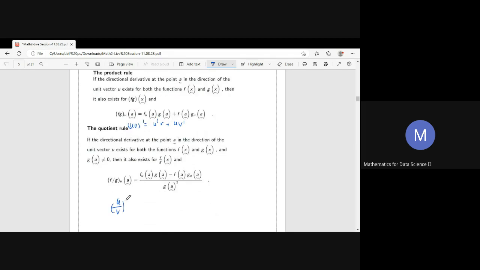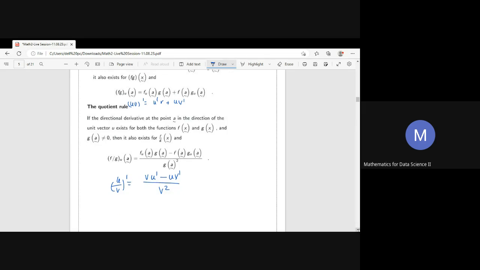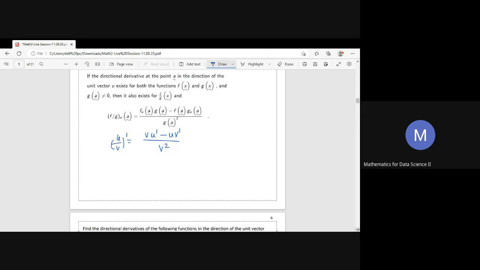What is (u by v) dash? You write (v u dash minus u v dash) by v squared. The same is followed for the quotient rule. The similar rules are followed here as well, so nothing new. Whatever you have seen for one-variable cases, similar properties follow here.